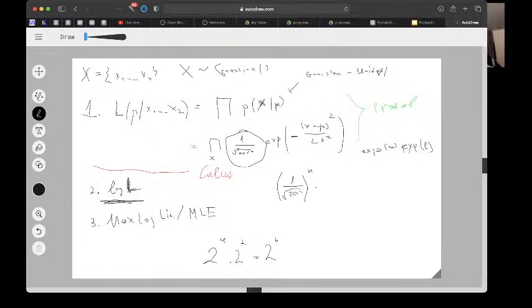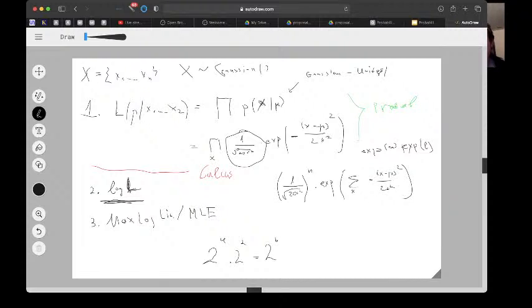So that's how you turn this product, you can put it in the exponential and make it into a sum. So we over x. And so you have this.